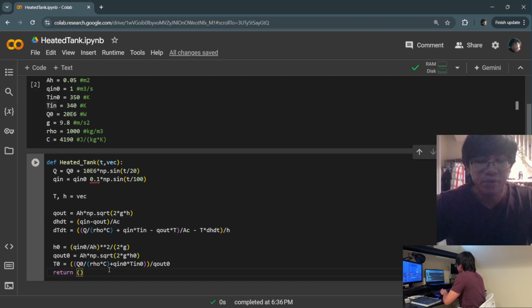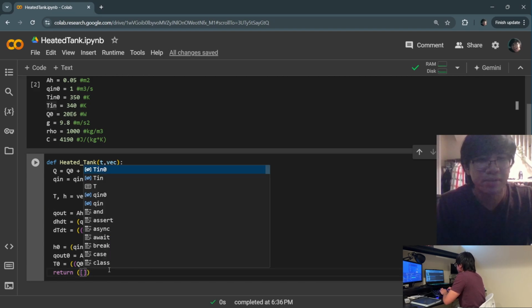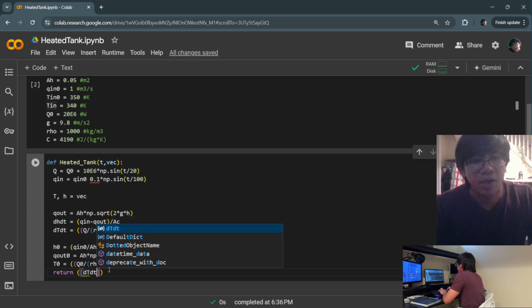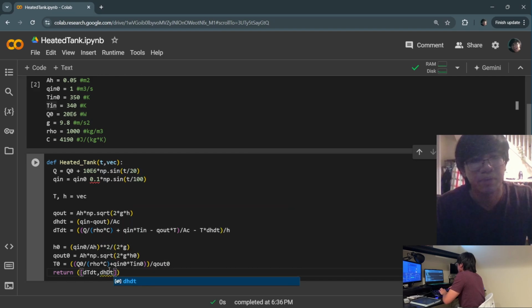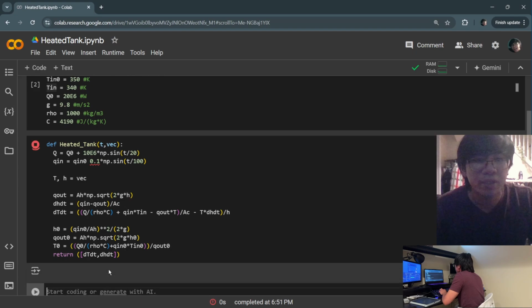So let's do an array just in case. Solve IVP may or may not yell at us if we didn't do an array, but with an array it shouldn't. So we'll be returning dt, our change in temperature with respect to time, and then our change in height with respect to time. So no squiggles, meaning we should be good.